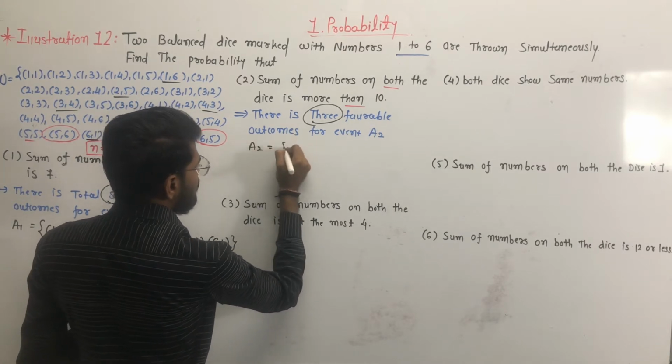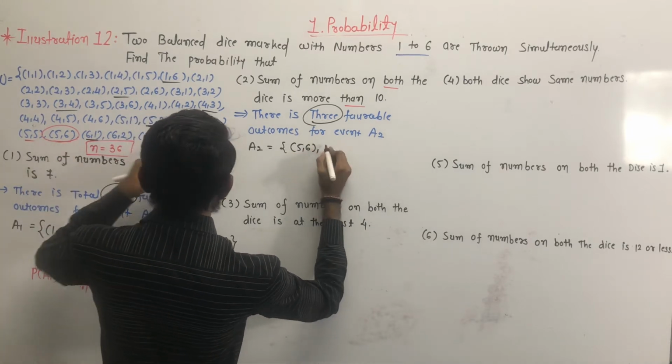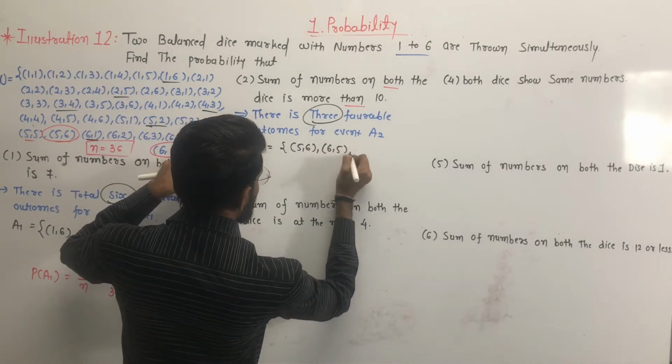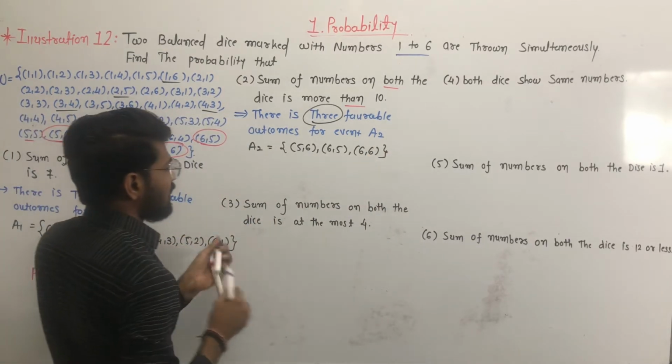A2 is equal to the elements 5 and 6, then 6 and 5, then 6 and 6. Clear? So m is equal to 3.